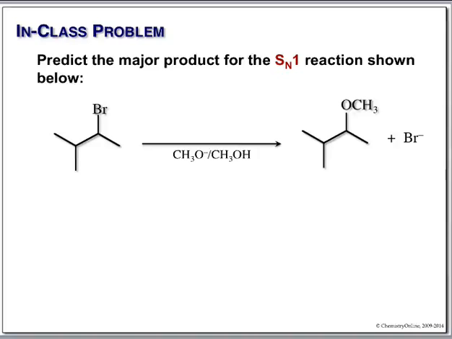Why? Actually, the product you get isn't this one, but it's this guy. This is an example of a rearrangement. The initially formed carbocation is going to be right here. Our bromine's going to leave.